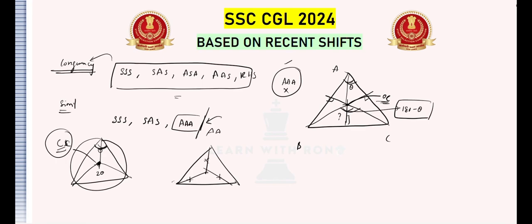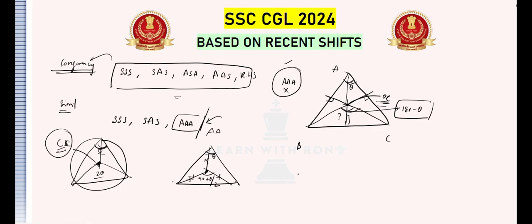In the incenter case, if this is theta, this is 90 plus theta divided by 2. In the orthocenter, these two sum to 180. In the circumcenter, if this is theta, this is 2 theta. In the incenter, if this is theta, this is 90 plus theta by 2.